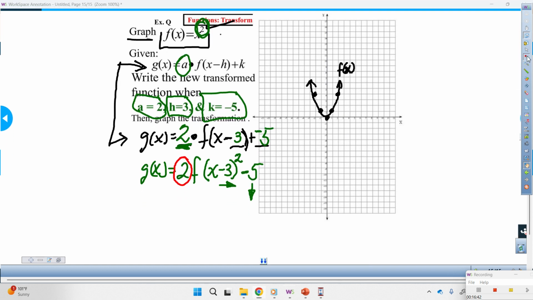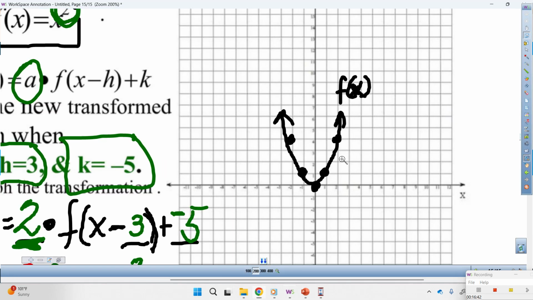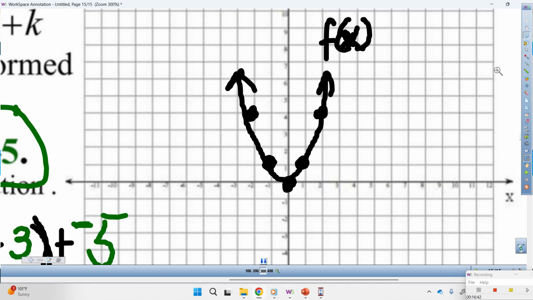All right, so I'm going to zoom in. Remember, A is 2. So let me zoom in so we can plot some new points. Start with -2, 4. -2, 4 is right here. But since A is 2, the new point is going to be at -2 what?